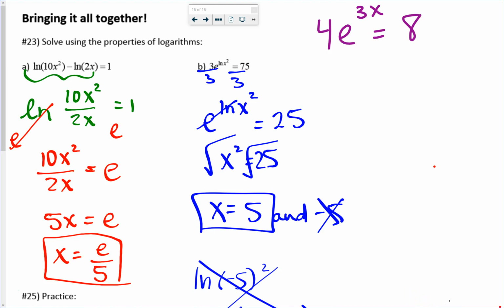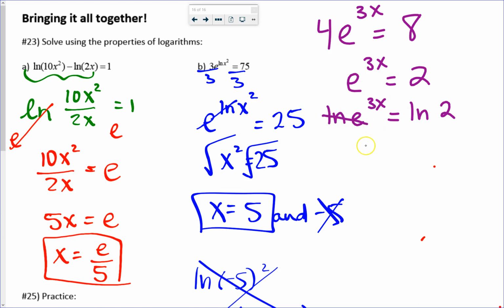I'm going to divide both sides by 4 first, to get e to the 3x is equal to 2. Yesterday, when you had an exponential, what did you bring in to get rid of it? A log with the same base. So what am I going to bring in here? An ln into both sides. So it'll be natural log of e to the 3x equals natural log of 2.